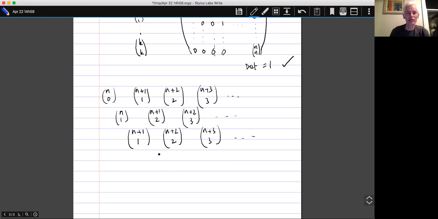And then the third differences will be n plus 2 choose 1, no, again, the pattern doesn't look quite nice enough. n choose 1 plus, I should not be having as much difficulty with.